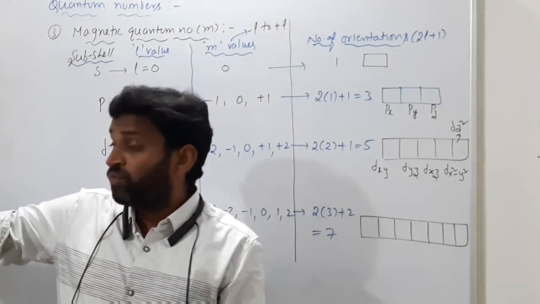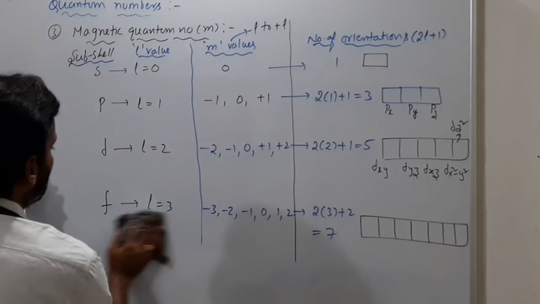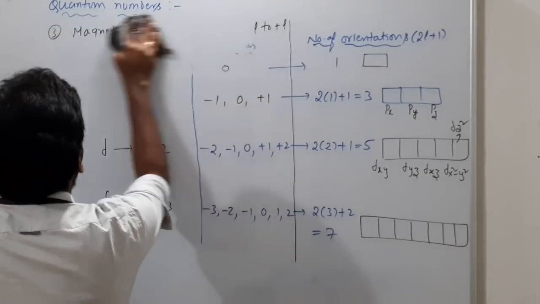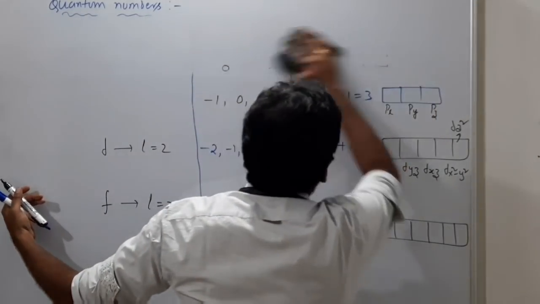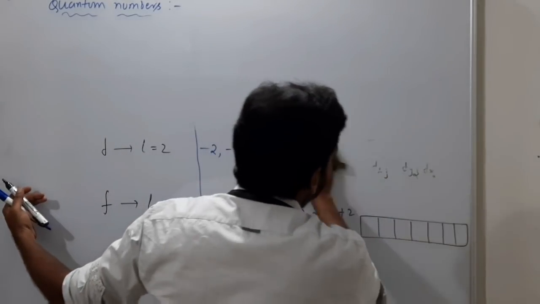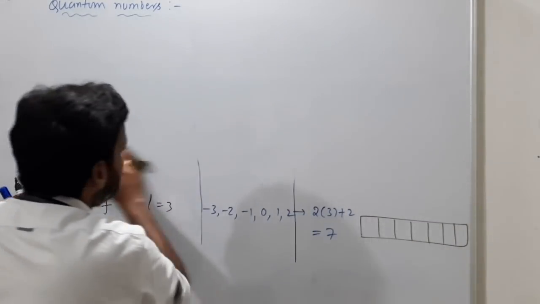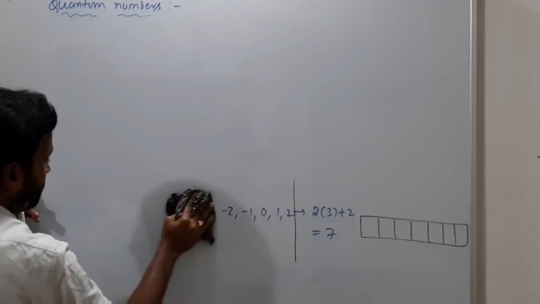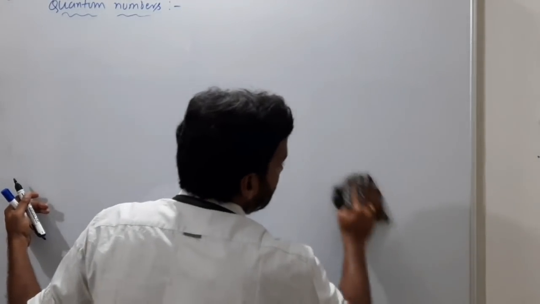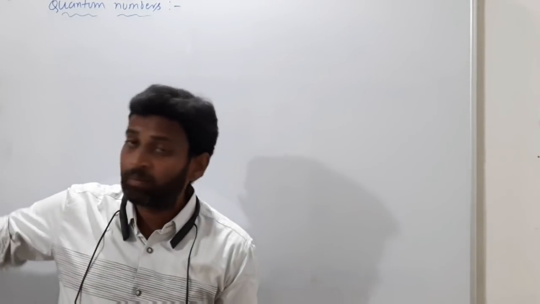Next we have to discuss one more quantum number, the spin quantum number. So 3 quantum numbers are completed now. What are those? Principal quantum number, azimuthal quantum number and magnetic quantum number.